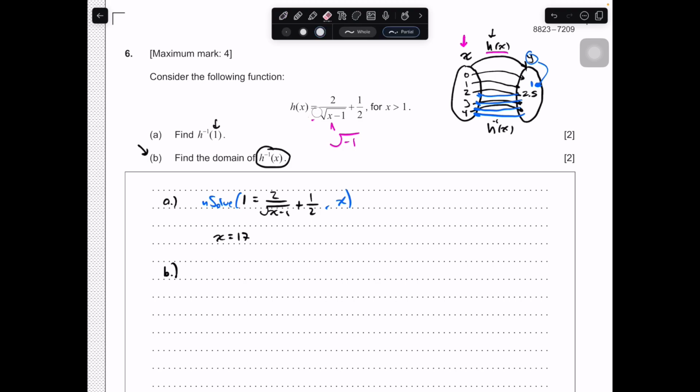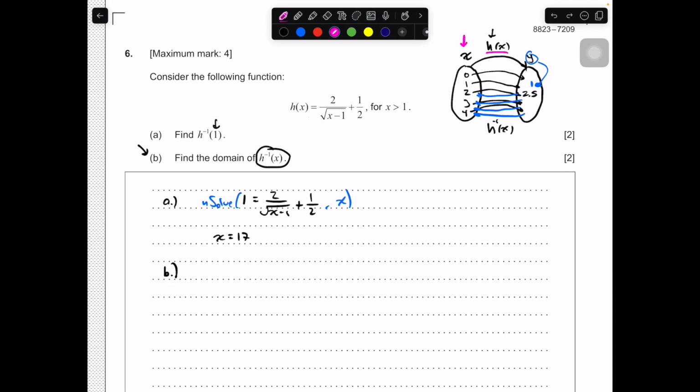So just looking at the domain of this h of x, there are some values that we can't actually put in. And that's what they're asking us here, but they're not asking us about h of x, they're asking us about h inverse, so the inverse of this. So usually the domain is a set of inputs that we can put into a function, and they'll have an output.